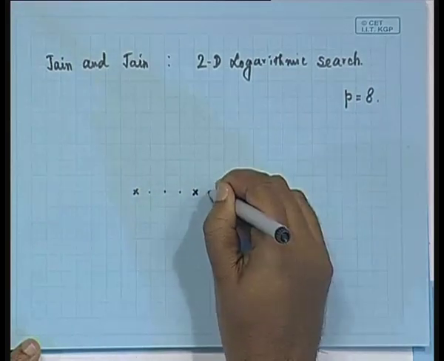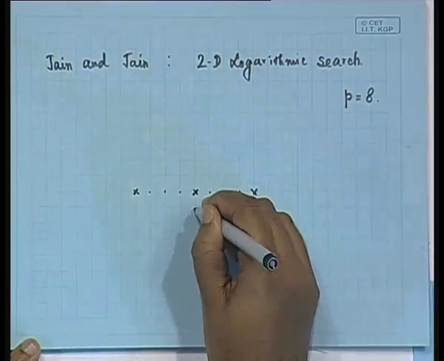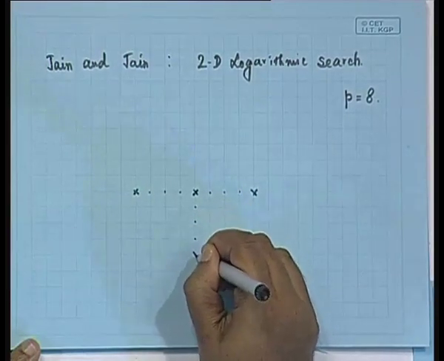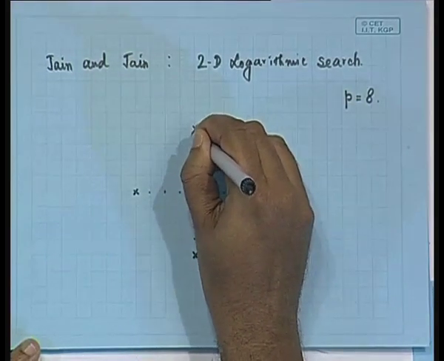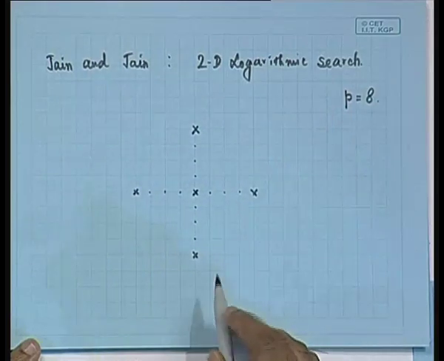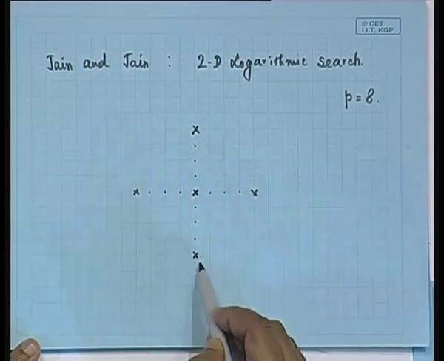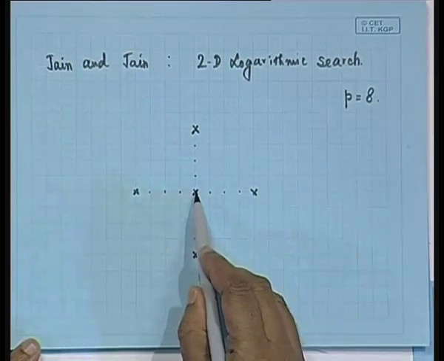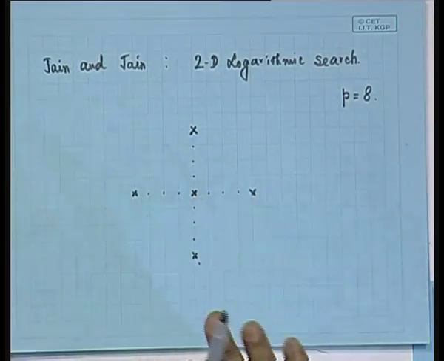Similarly at this position, this one and this position. So, how many positions did I mark? 1, 2, 3, 4, 5. 5, because the center is also considered. So, we search only at these 5 positions, not anywhere else in the first step of searching.